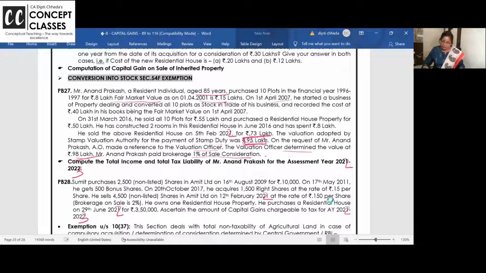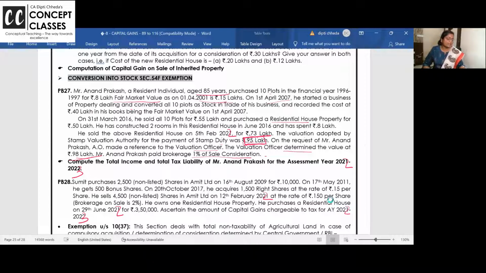ठीक है. So actually he has sold the plot बेच के तो घर खरीदा. अब वो घर he has sold. He sold this residential house. Okay. And what did he buy later?